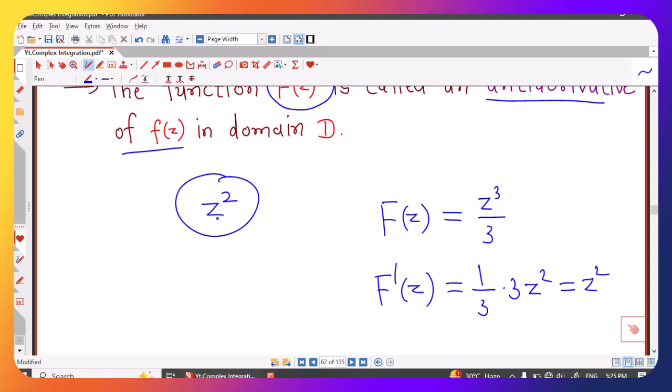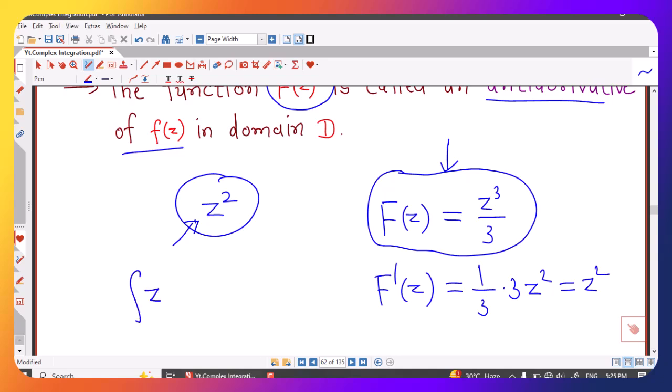So because we know that z square is analytic everywhere in the complex plane, and we know that the complex plane is a simply connected domain, therefore we have this function which is an antiderivative of this function.